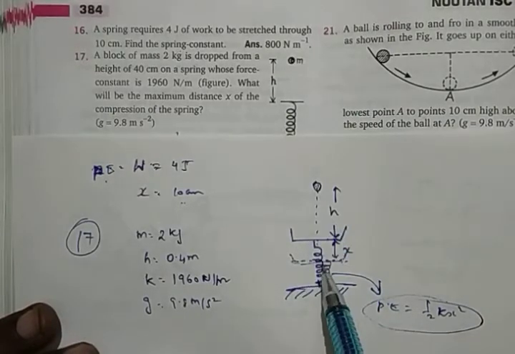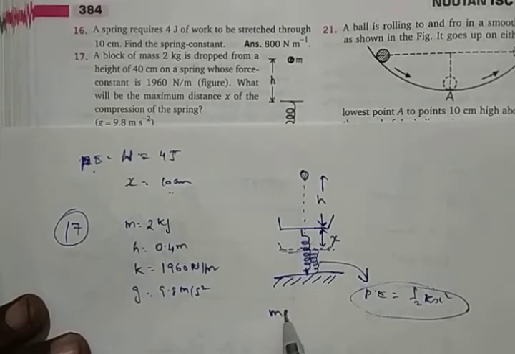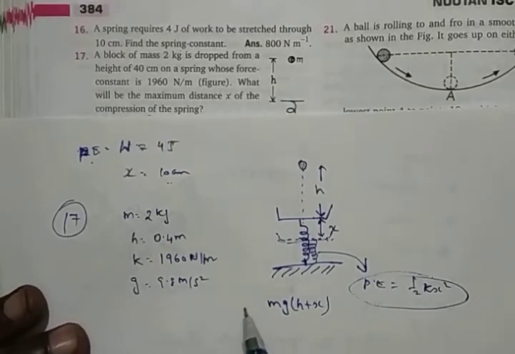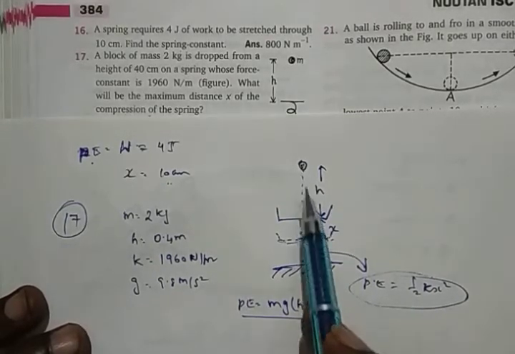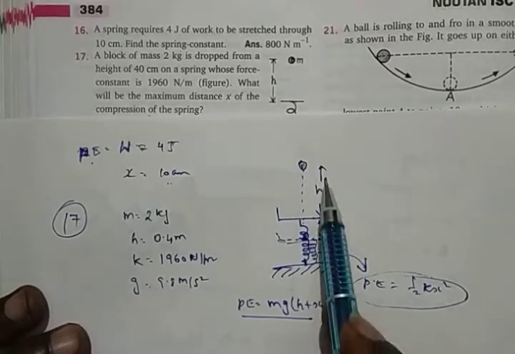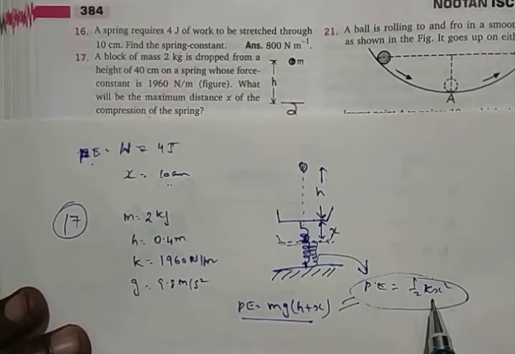From here to here, it is going to be equal to mg into h plus x. That is the potential energy of the body which is coming down till this position. The body will be here, h plus x. That is going to be equal to the potential energy stored in the spring.